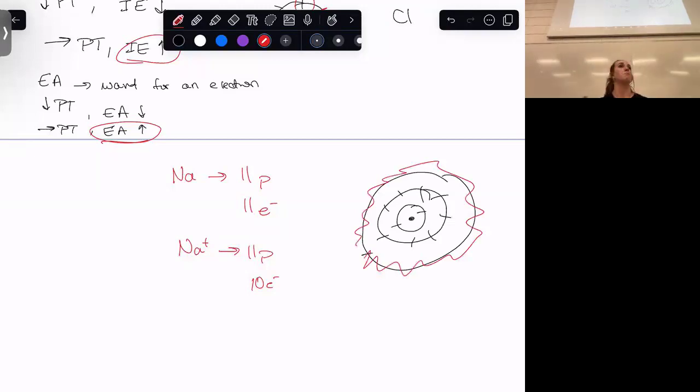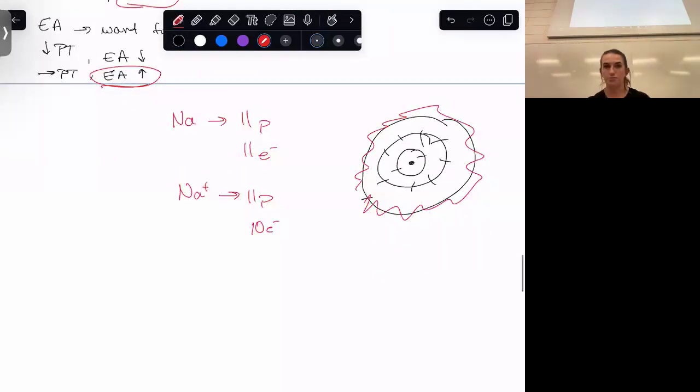It gets smaller, right? We're removing that outer shell. Any anion or any cation will get smaller. We're removing that outer shell. So now it has 8 as its total in its shell.